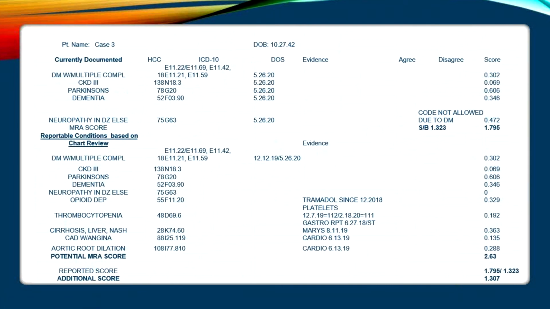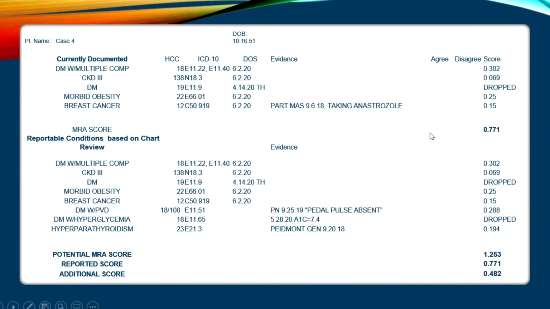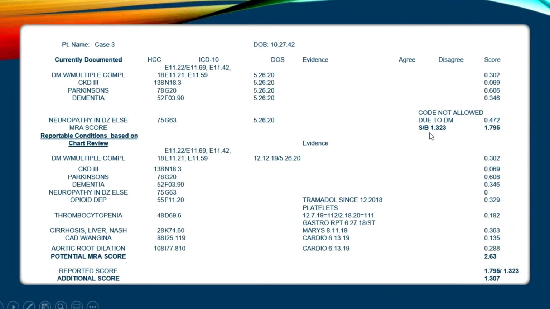I just go through the same thing. I have some more charts where you can clearly see what was being submitted here. It was a 1.323. After the chart review, this actual score should be a 2.63, a difference of 1.307.